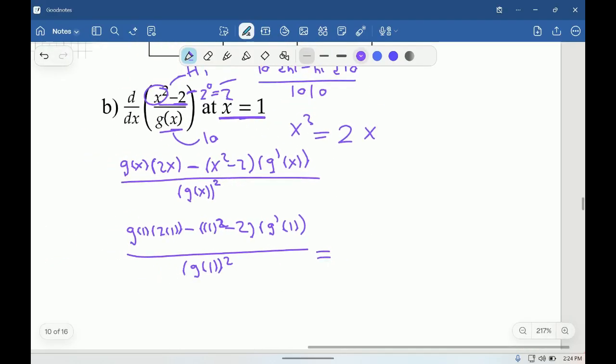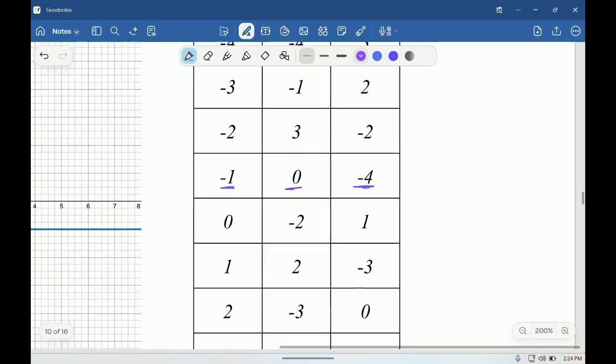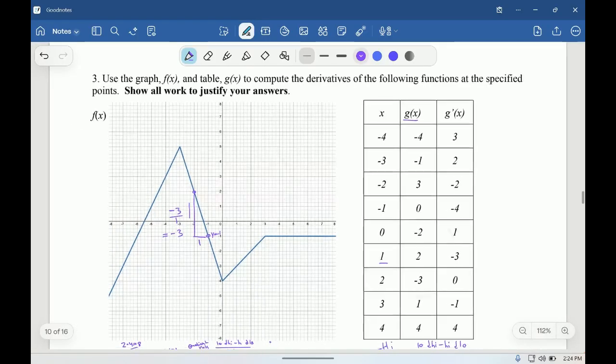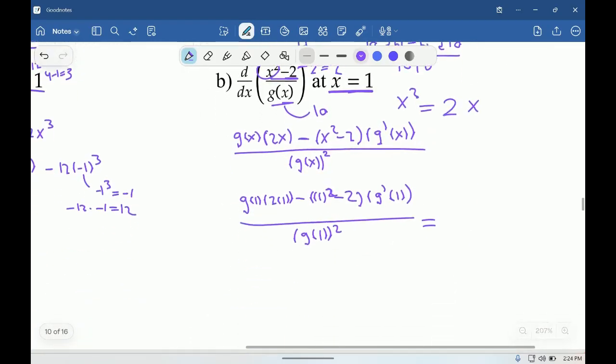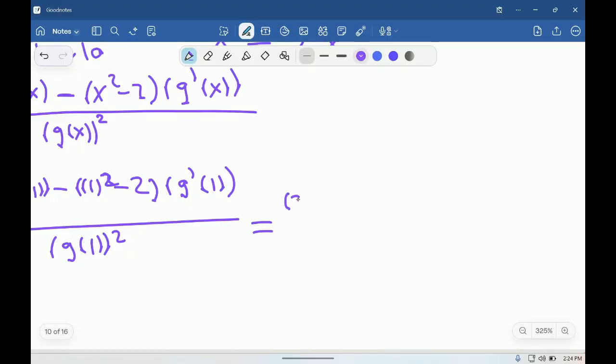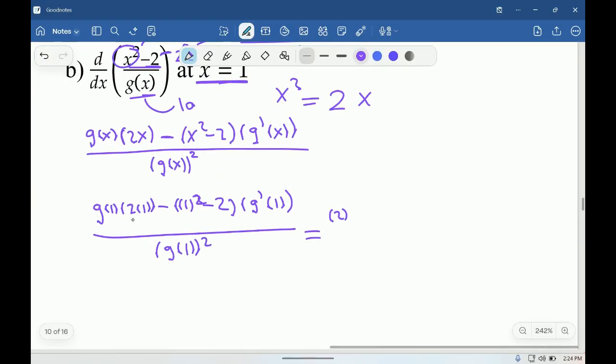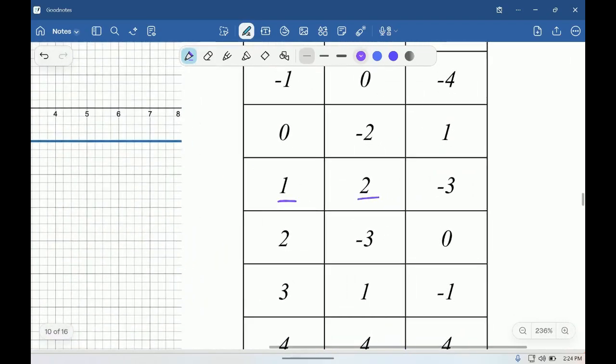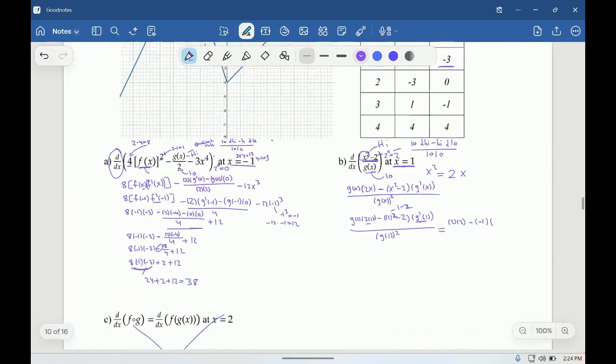We're going to want to find g of 1 first, which when we look over here, g of 1 for g of x is going to be 2. So we're going to put 2 over here, and then 2 times 1 is just going to be 2. And then over here, this is going to just be 1 minus 2, which would be negative 1. Times, and then we're going to want to find the g prime of 1, which when we look over here is going to be negative 3.